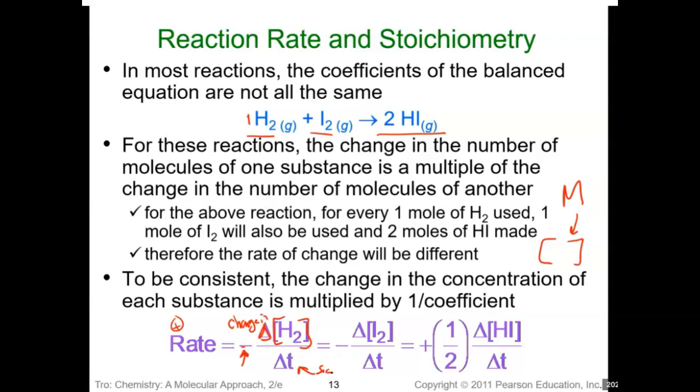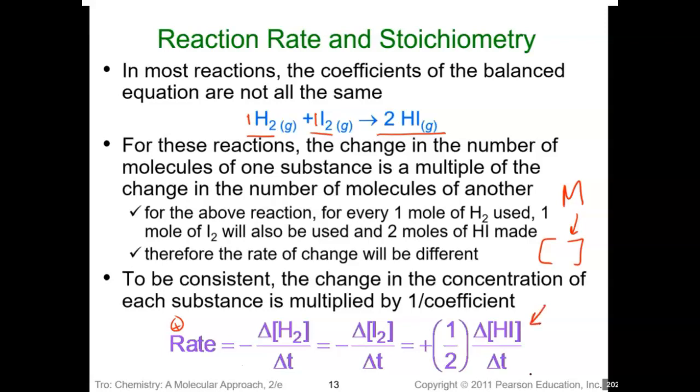So this will be the same as the change in H2 over the change in time, and that will be the same rate as if we expressed it with regards to I2, which again has a coefficient of 1, and that will be the same as the coefficient of HI.